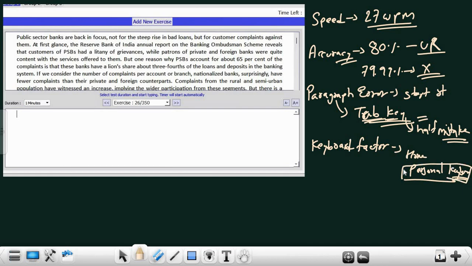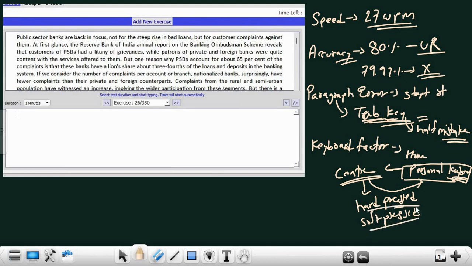But remember one thing, the keyboard which you will be provided at the center will not be like your personal keyboard. It can be hard pressed or very soft pressed or anything. So be prepared for it.